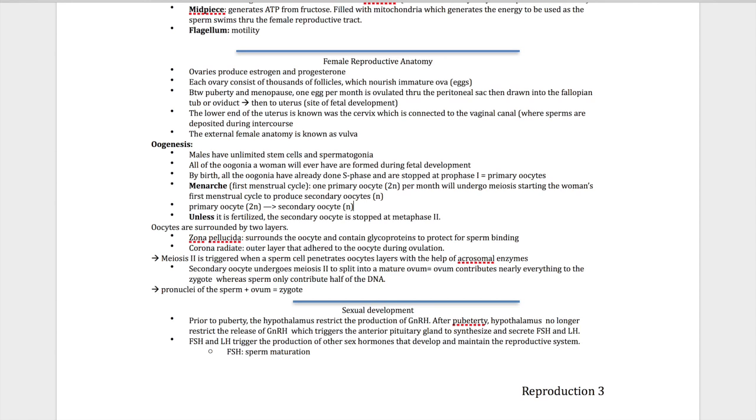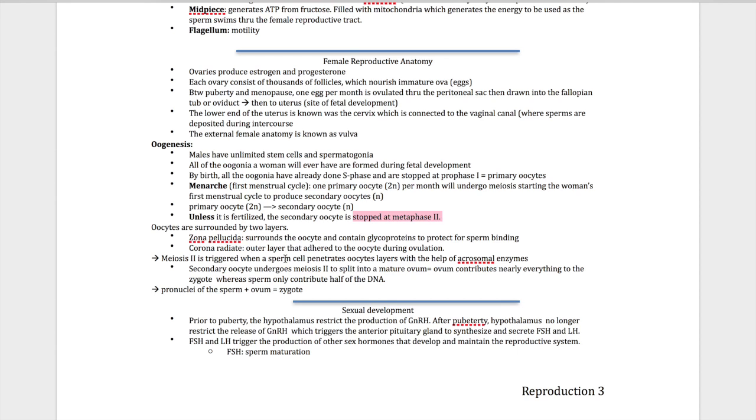Unless that secondary oocyte is fertilized, it is stopped at metaphase 2. Stopped at metaphase 2 means it's not going to go further, and there's no pregnancy, right? You need a sperm to fertilize the oocyte so the pregnancy happens, right?